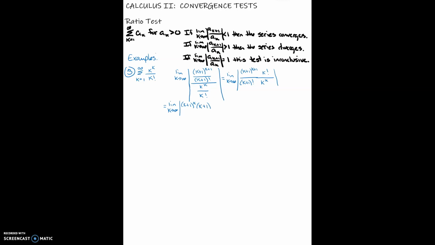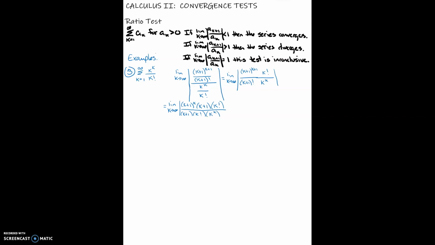You don't have to have that 1 there. We still have k factorial there in the numerator. In the denominator, k plus 1 factorial, remember that's k plus 1 times k factorial. And then we still have the k to the k term there in the back.